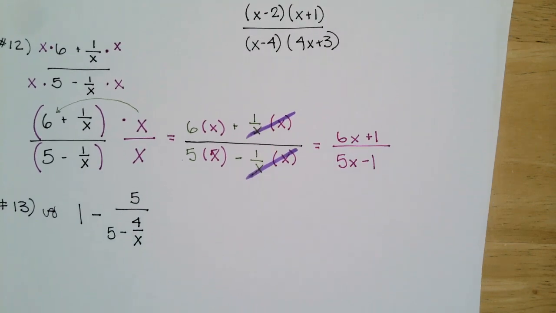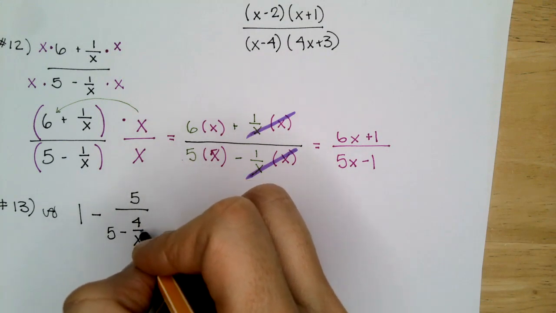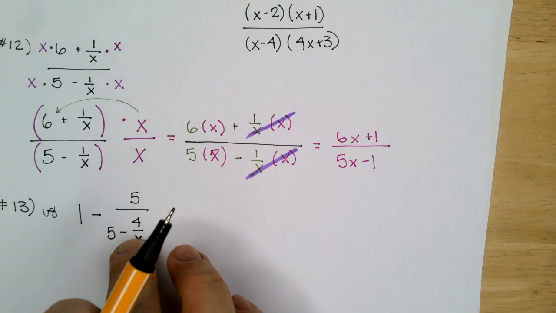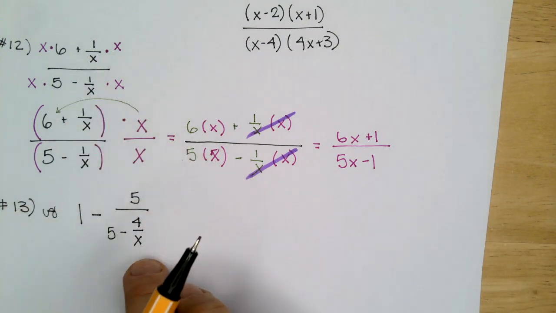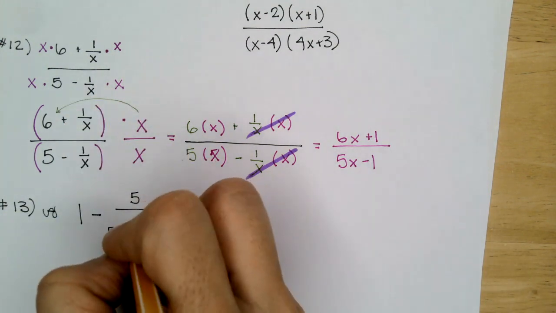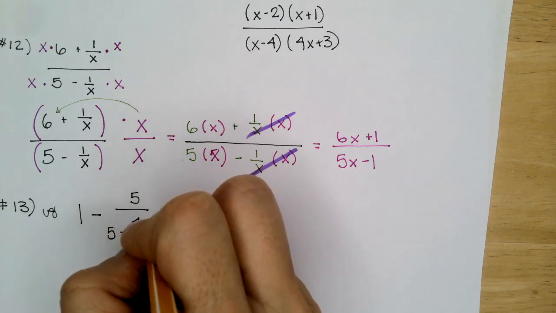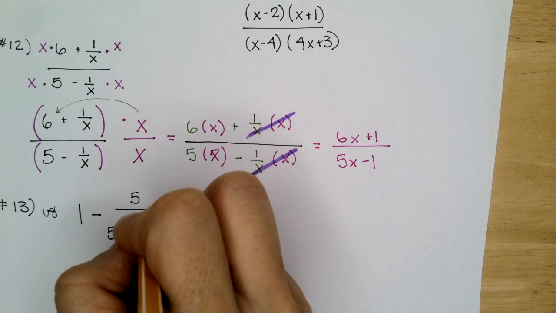All right, for 1 minus 5 divided by 5 minus 4 over x, what we want to do is get, just like we did up here, get rid of the fraction within a fraction. So that fraction is 4 over x. To get rid of the 4 divided by x, I want to multiply by x.